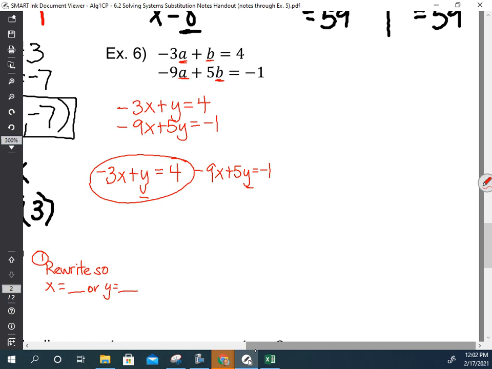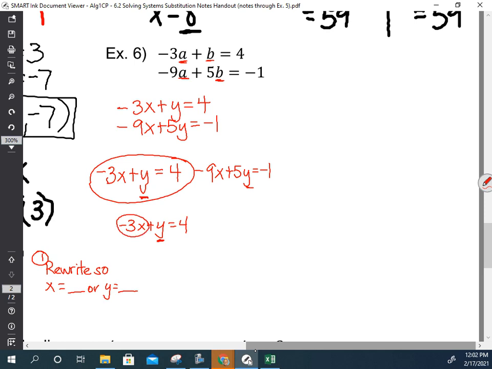So let's go ahead and rewrite negative 3x plus y equals 4. If I want y by itself, what would I have to do to both sides? Y by itself, what am I doing with 3x?